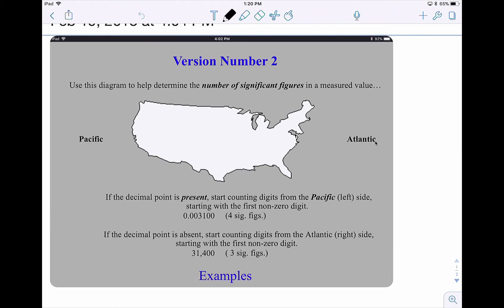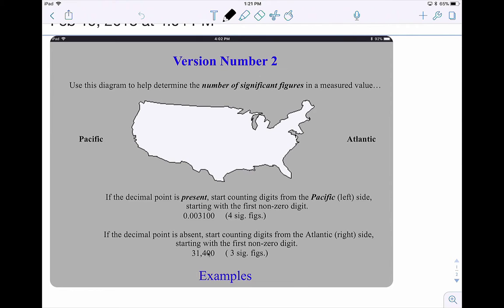Let's look at the example with the Atlantic. If the decimal point is absent, hence Atlantic, and then again present, Pacific, you start counting on the Atlantic side, and every number that is non-zero on to the end of the number is significant. So you have 31,400 in this example. The decimal is absent, so you start on the Atlantic side. You start counting your sig figs at the first non-zero digit. So this is not significant.